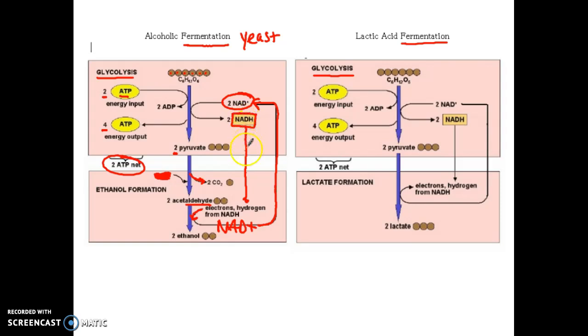So this NADH is just dropping off the electrons, so now it's an empty vehicle once again, so it can just cycle through. So the bottom portion of this formation of ethanol is not really important for energy production. It's really important for just a place to drop off these high energy electrons.